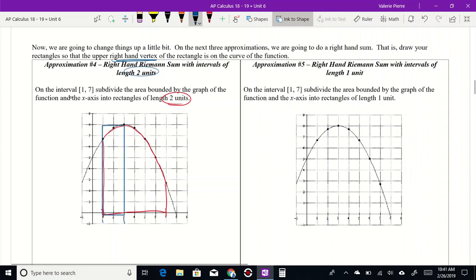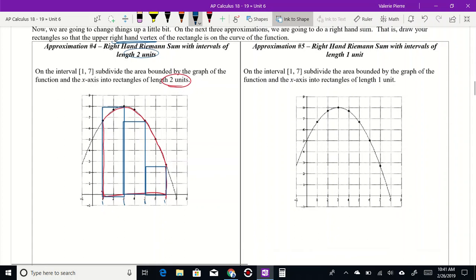Right? So from 3 to 5, the right-hand vertex should be on the curve. And from 5 to 7, again, right-hand vertex should be on the curve.